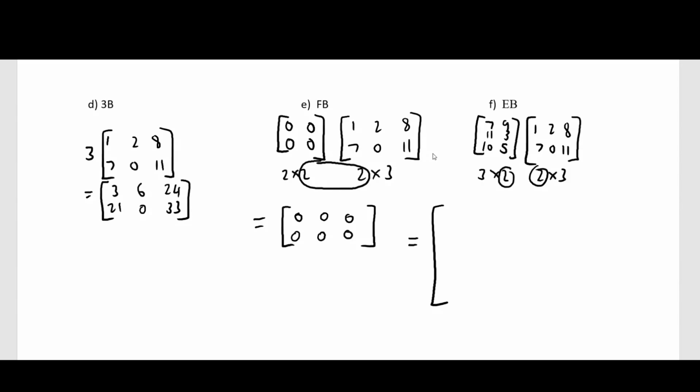So rows by columns. 7 times 1 plus 9 times 7.